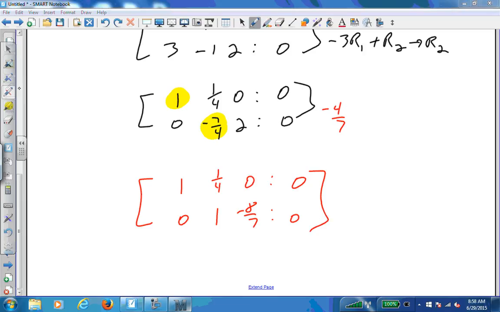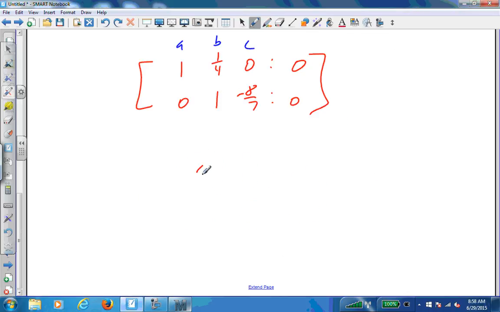So if we call these A, B, and C, then notice C is a free variable. C can be anything. So what we said earlier was that for them to be independent, we had to only have the trivial solution, which is where A, B, and C all were 0.